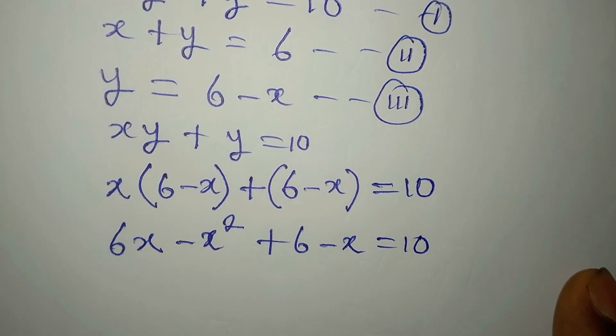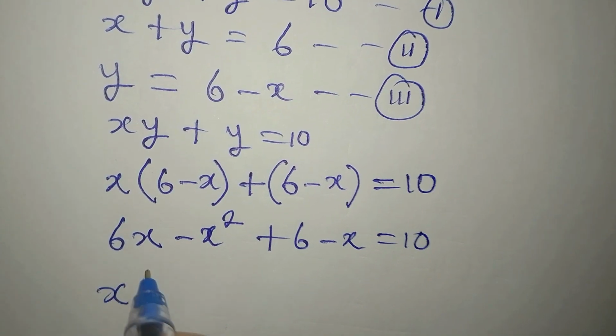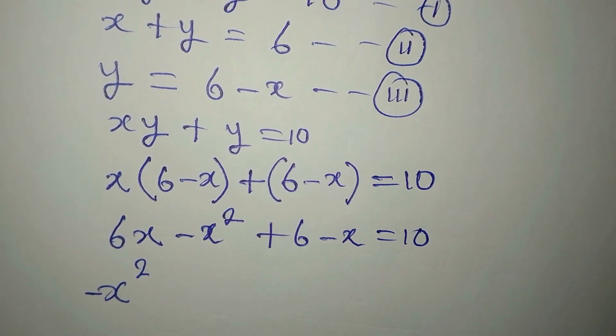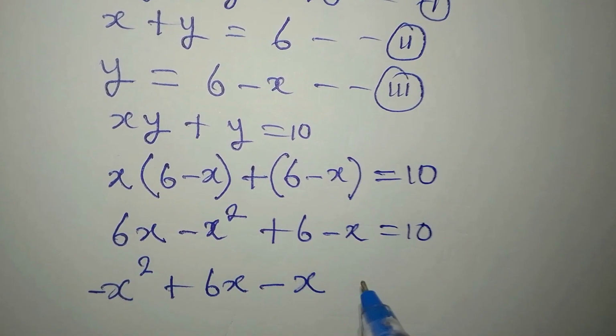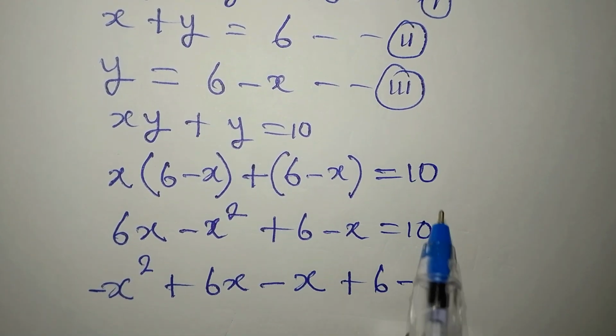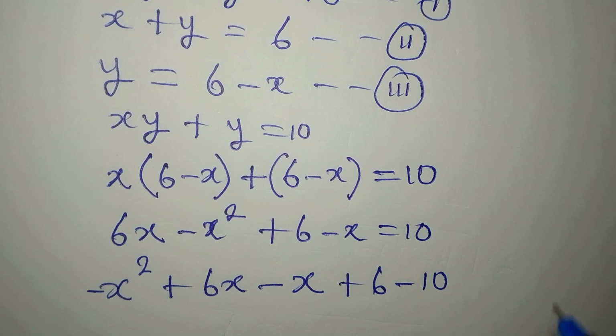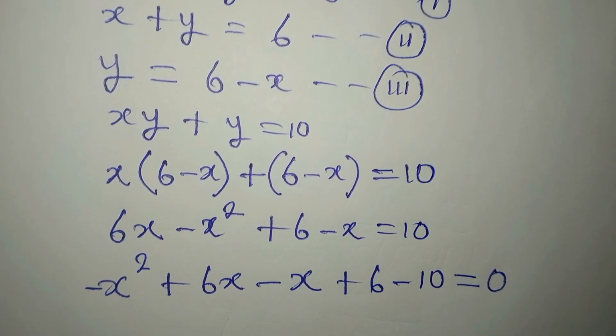At this point, we collect like terms. I will begin with the one that has the highest power, which is x squared, but negative x squared. Then I'll write plus 6x. This is minus x. Then I'll write plus 6. Then I write minus 10 because this 10 becomes negative on the left. And I have to equate everything to 0.